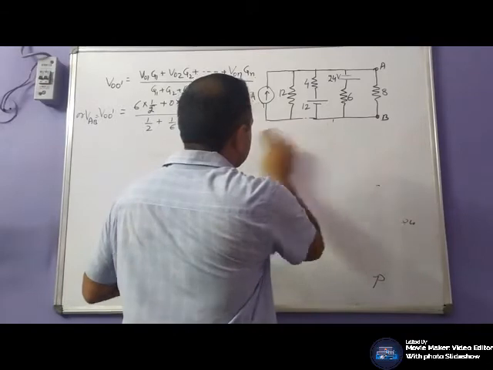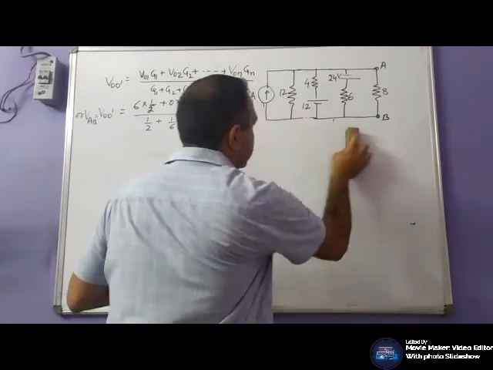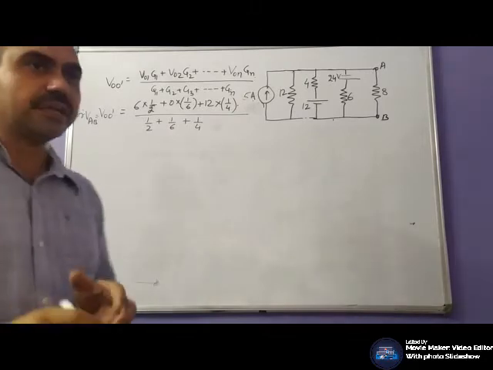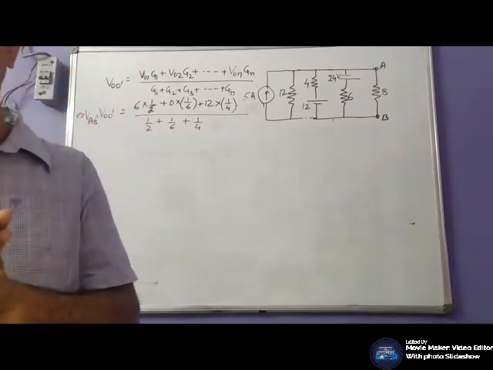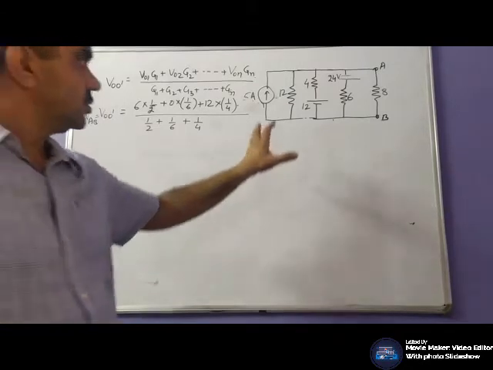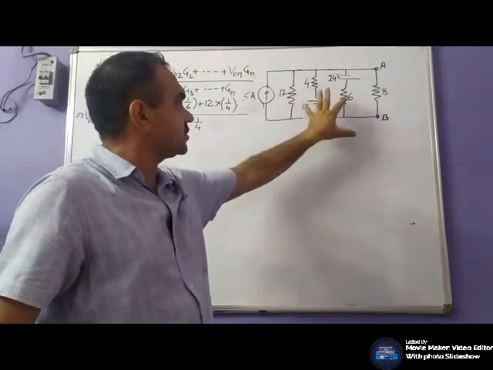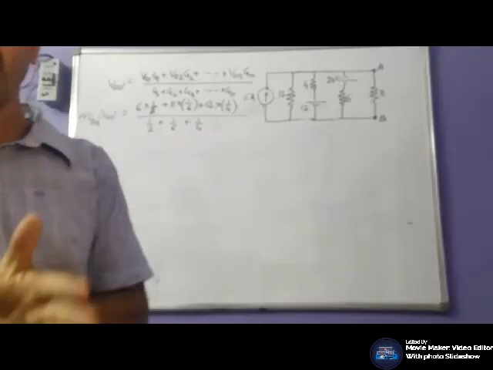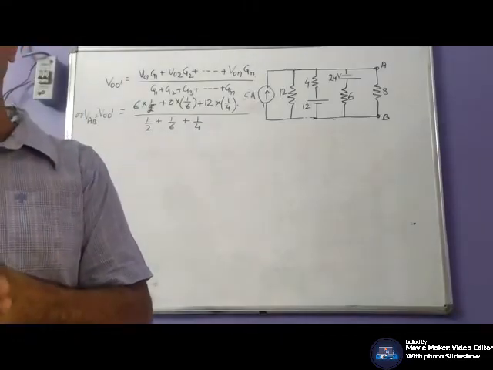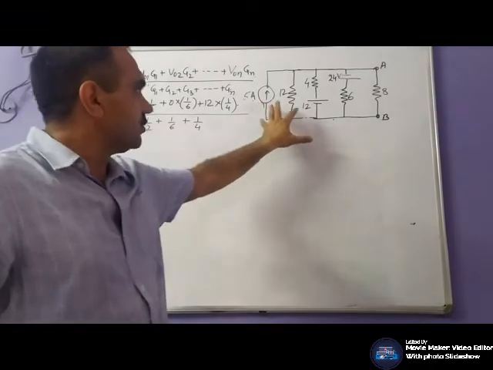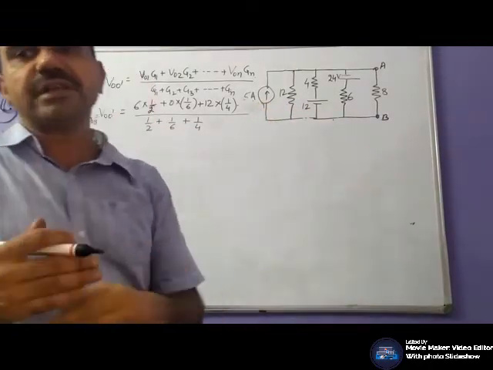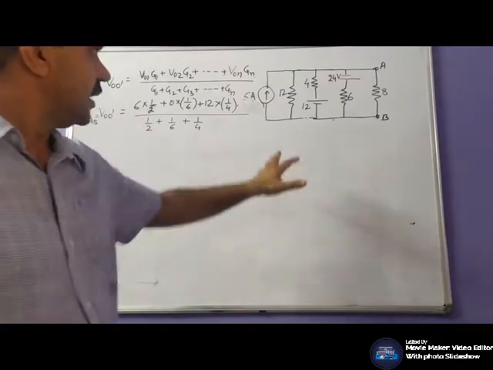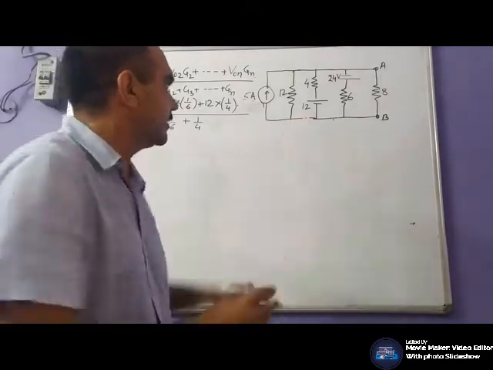And this will give you a better picture. One thing should be clear: either you convert all the voltage sources into current sources, or you can have a mix of them. If you convert into all current sources, it will give you a better idea and things would be simplified.